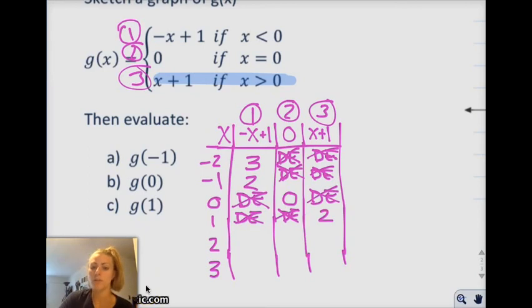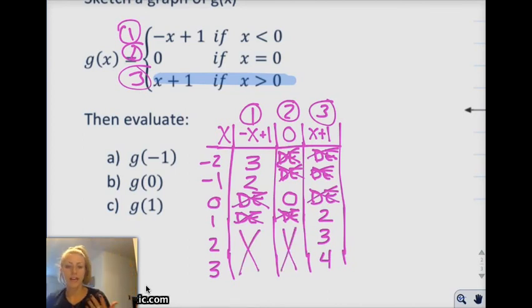When x is 2, my x is greater than 0, so I'm still on my last function. Then I have 2 plus 1, which is 3. Same thing when x is 3. I have 3 plus 1, which is 4. And these other 2 functions don't exist at all.